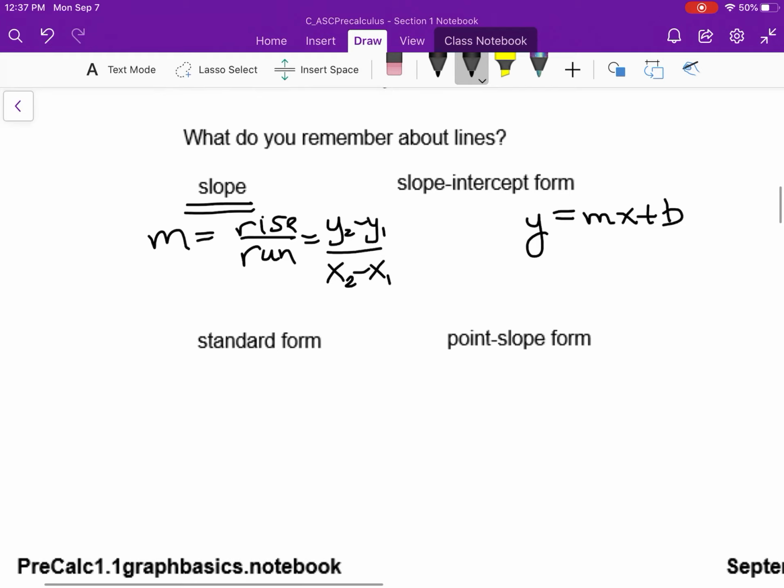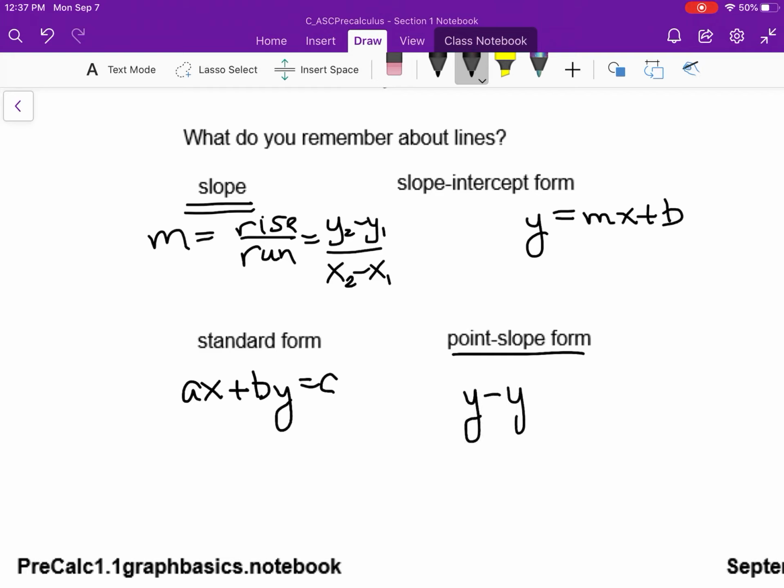Standard form is when the x and y are on the same side. Sometimes we write this ax plus by equals c, where the b in this equation has nothing to do with the b in that equation. Point-slope form is probably a little less known: y minus y1 equals m times (x minus x1).